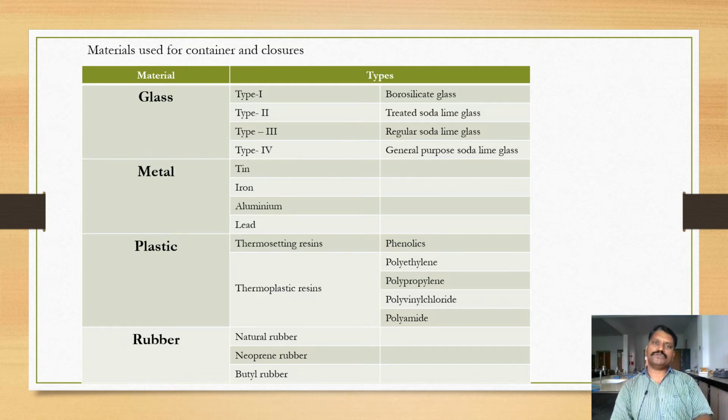Nowadays most parenteral dosage forms are available in glass and plastic containers because of their advantages over the metal container. Because for tin, iron and aluminum, a coating on the inner side is necessary. For the metal container, the coating inside is necessary.